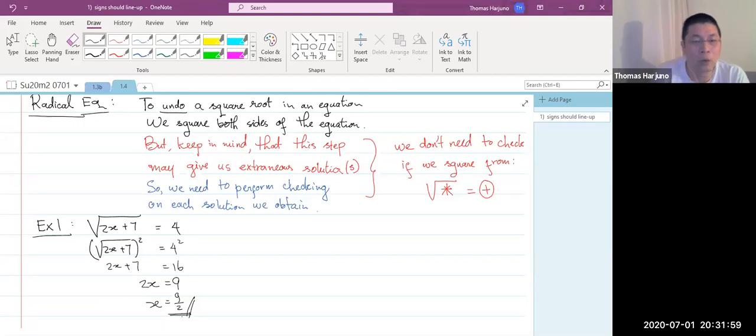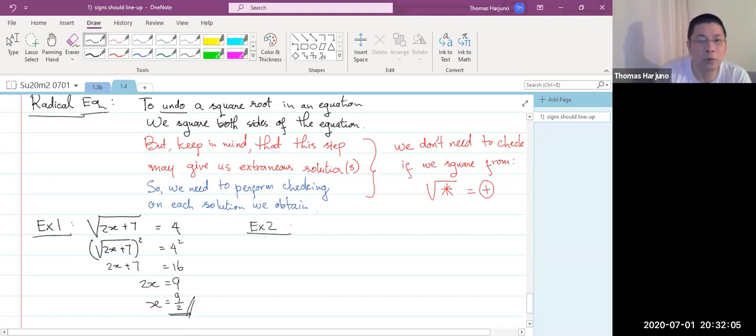Now, this also means that if the other side is negative, you don't need to go further. Suppose square root of 3x plus 9 equals negative 2. The square root will always give you 0 or positive. Remember the principal branch that we talked about?